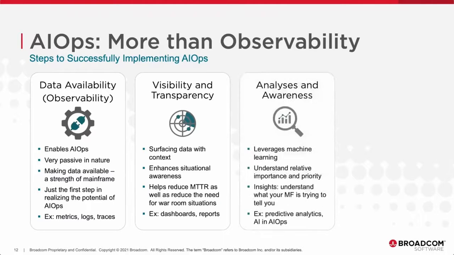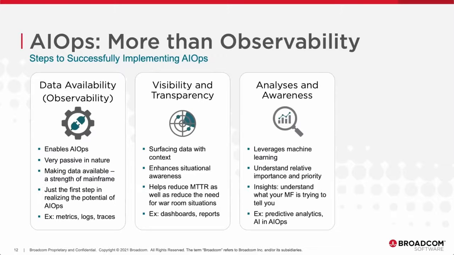Perhaps more interestingly, when it comes to AI ops, and this is where I really think AI ops is most relevant, is in the analysis that then provides awareness. So using machine learning to understand the importance of one metric over the other and the relative importance of each of those metrics to the overall health of my IT environment. That in turn allows me to do prioritization. Oh, wait a second, that metric is really important.